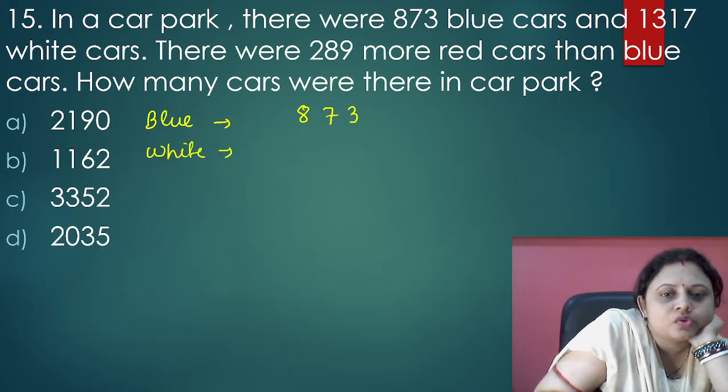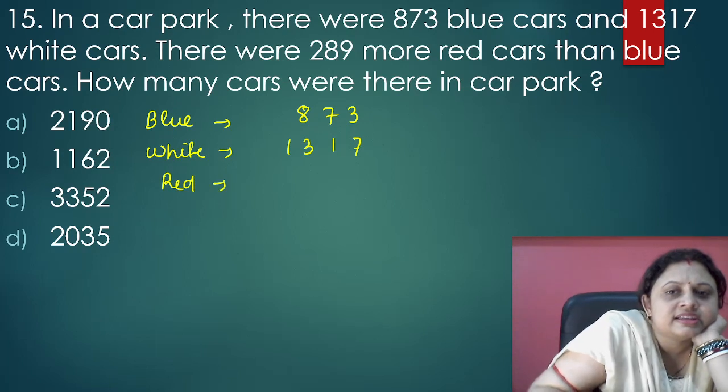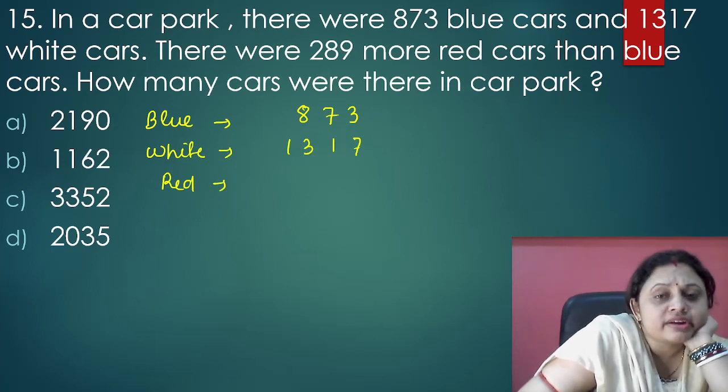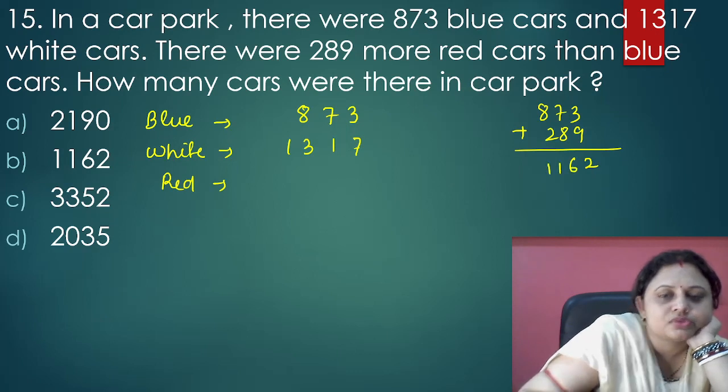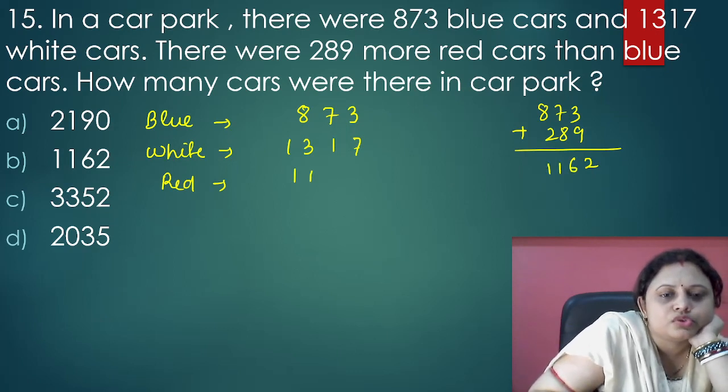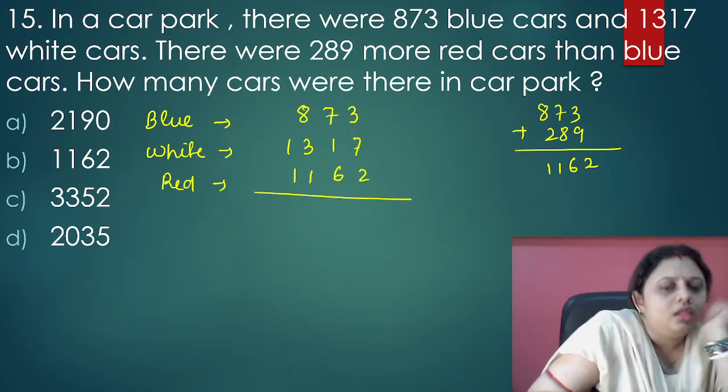That is 1317. And what is the number of red cars? 289 more than blue cars. So blue cars 873 plus 289 is the number of red cars. 3, 9, 12, 2, 8, 8, 16, 1162. So it is the number of red cars.